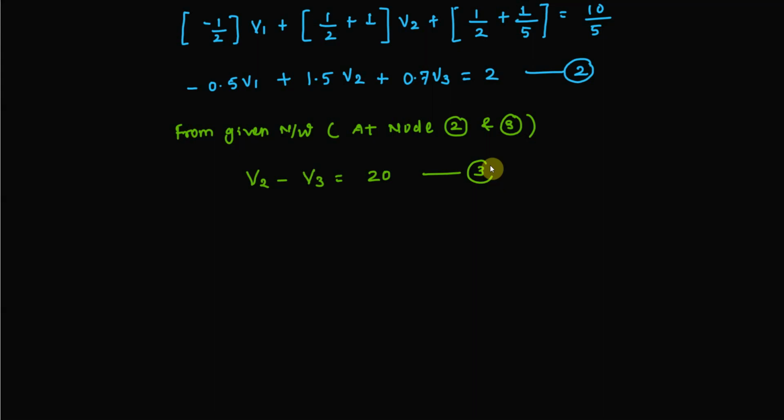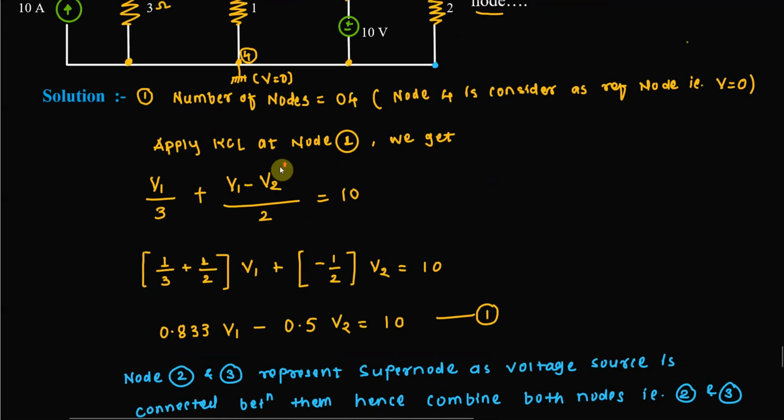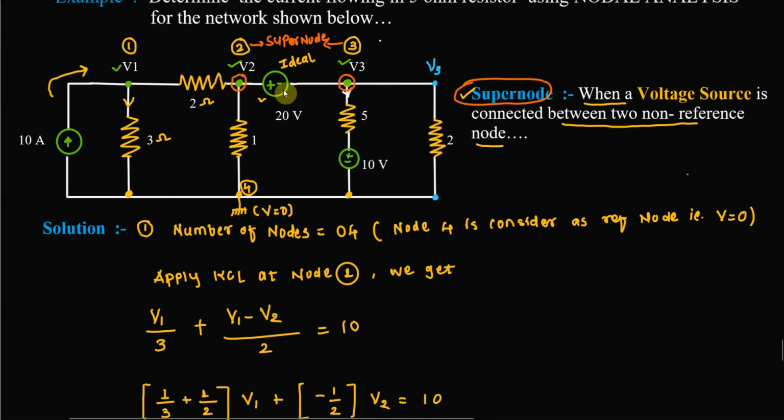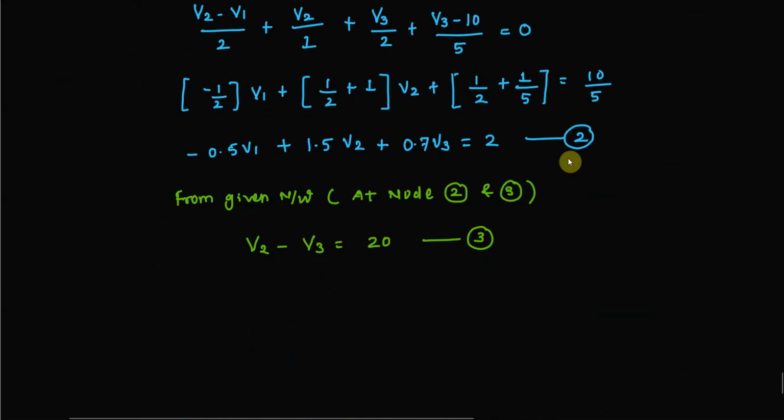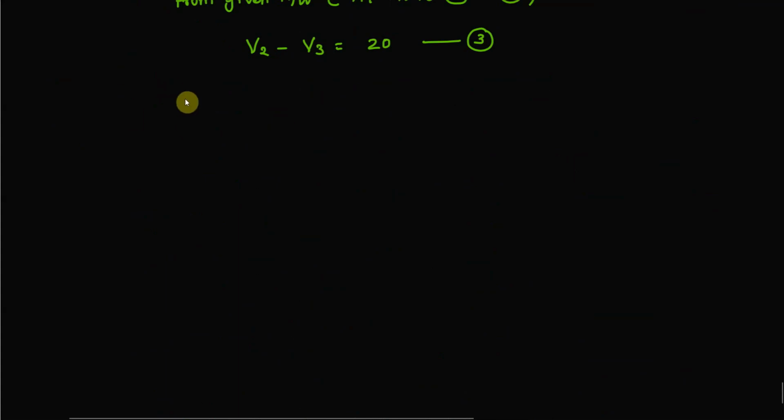This is actually given: the potential difference V2 minus V3 is given as 20 volts. So I just substitute. Now you can see that we have three equations, 1, 2 and 3, and three unknowns. If you solve these three equations simultaneously, you will get the values of V1, V2 and V3.